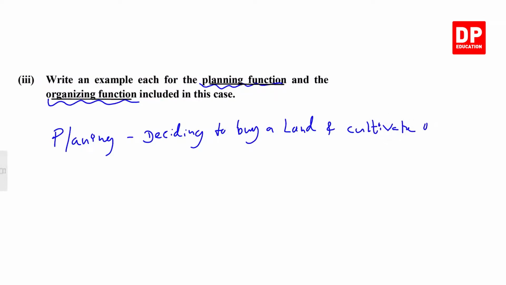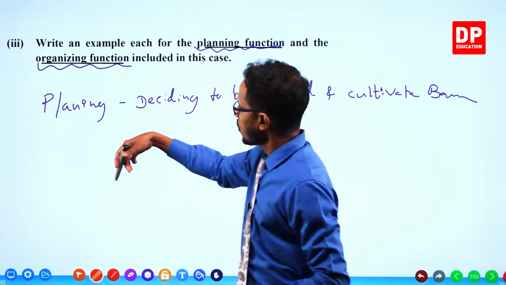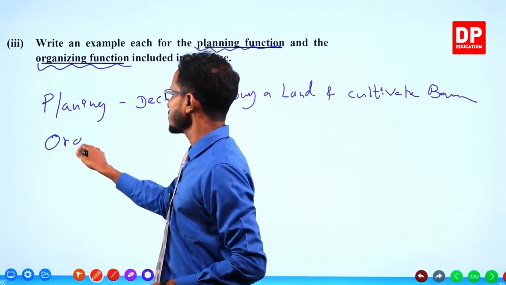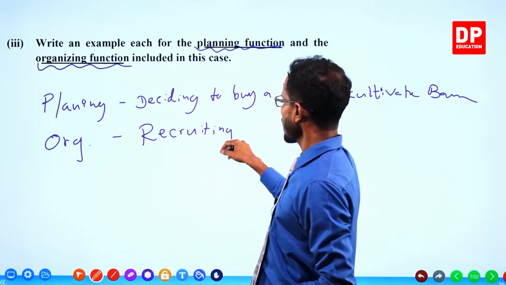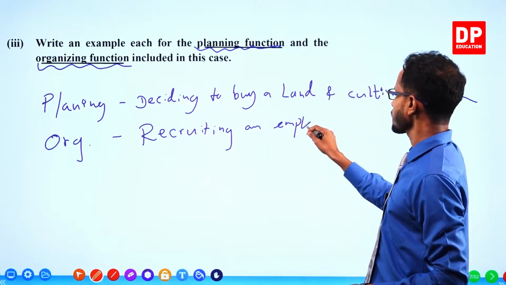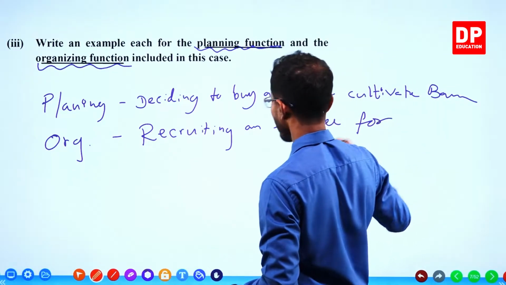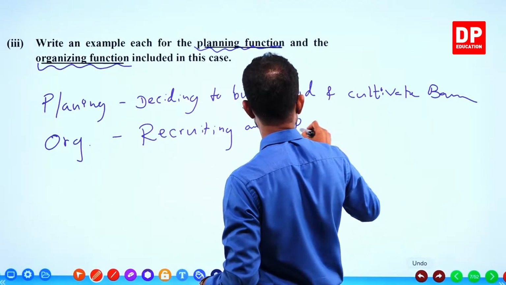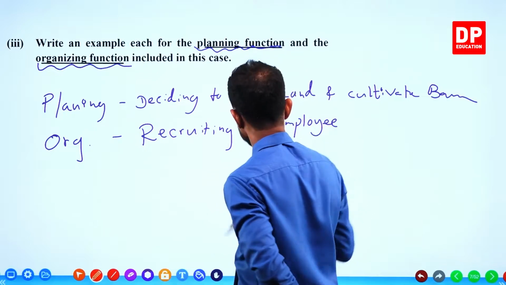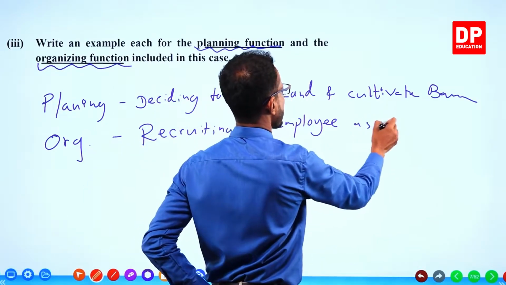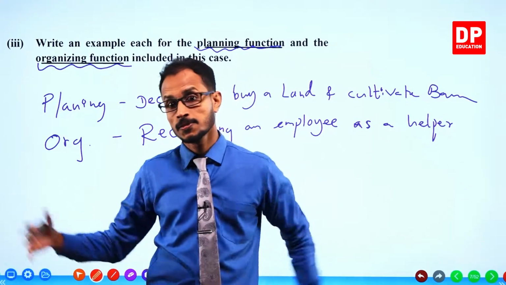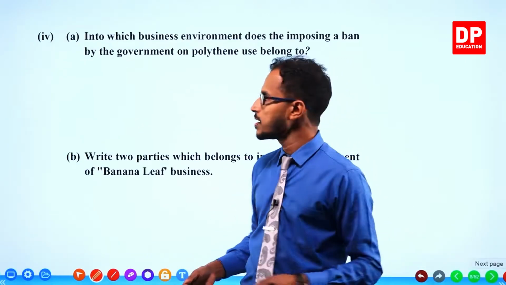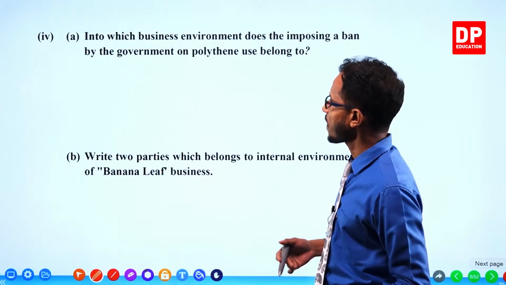That is the planning function. Organizing function is the recruiting of an employee, recruiting an employee as a helper. Got it? Done.